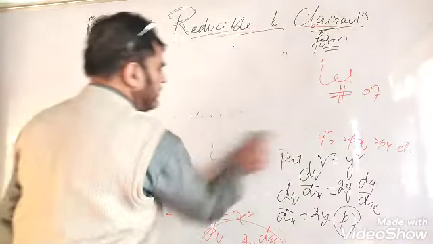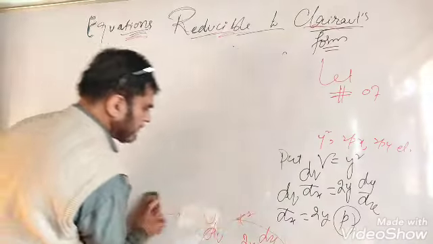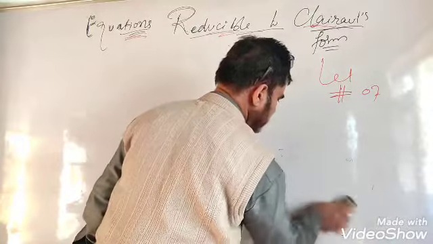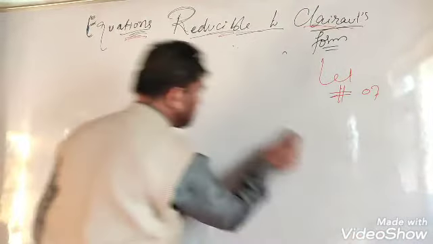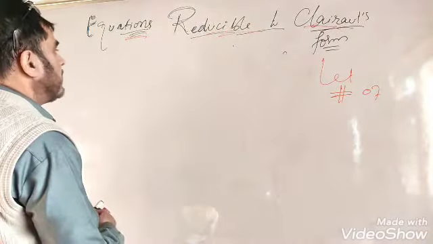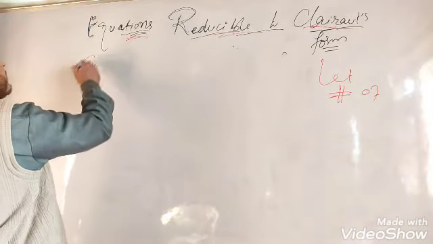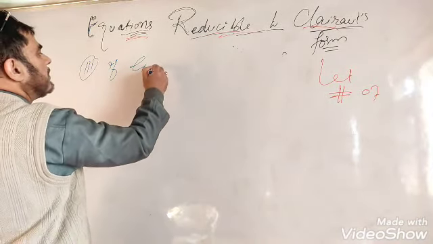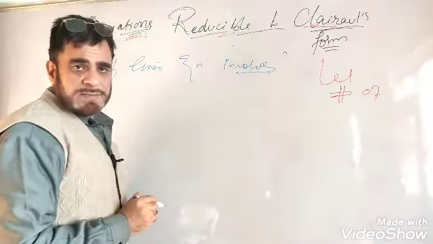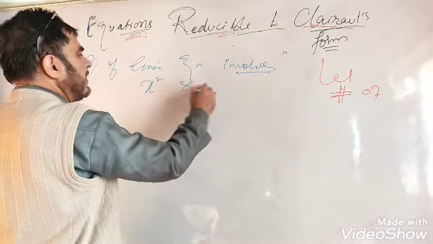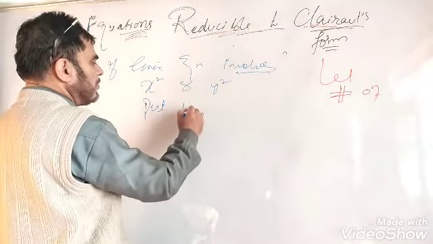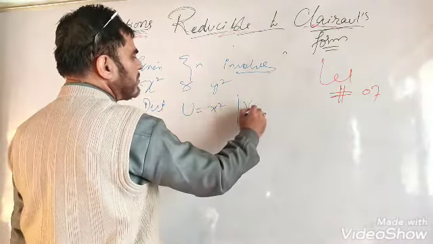Well, third point I will give you, sometimes it involves both. If the given equation involves terms like x square and y square, what we do is we put change of variables. u is equal to x square, v is equal to y square.